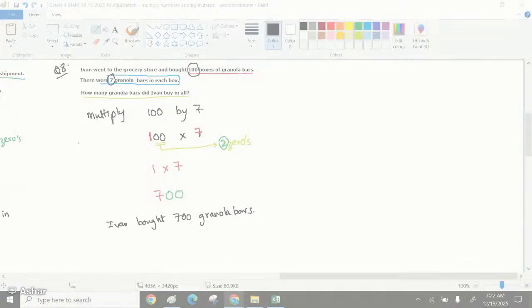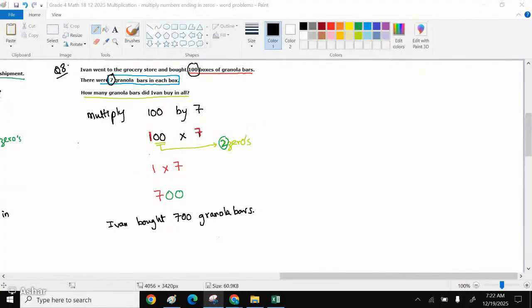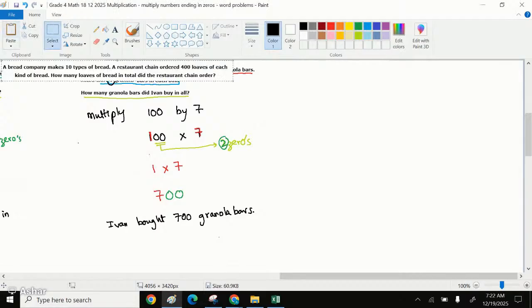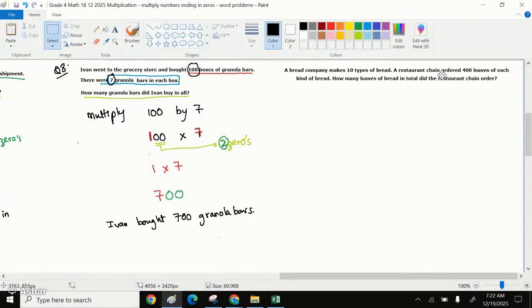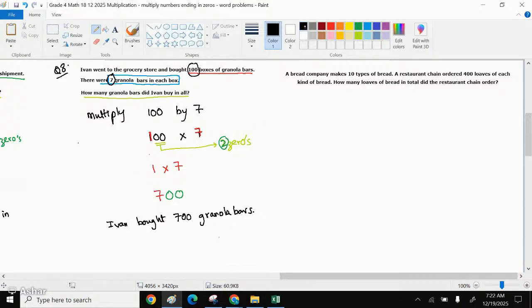If we have the next question, let's see. Okay. A bread company makes 10 types of bread. Okay, if we have the question, we place the question. Question number 9 says, a bread company makes 10 types of bread. A restaurant chain orders 400 loaves of each kind of bread.